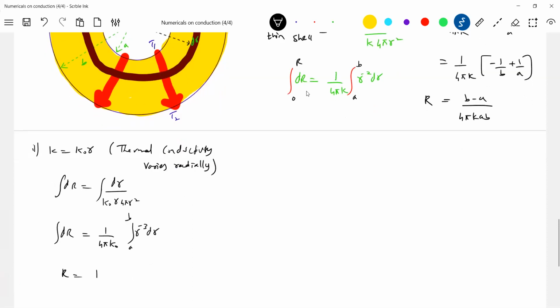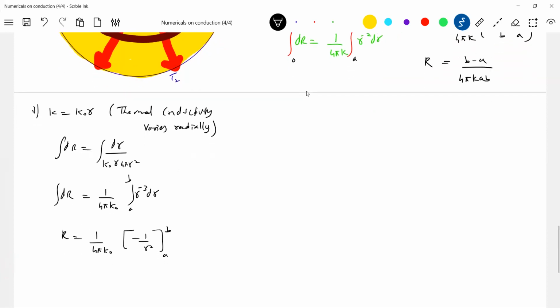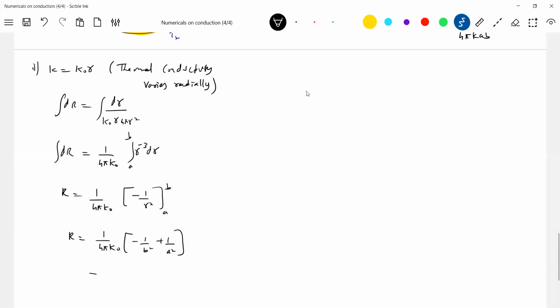Now what is the mathematics? 1 by 4 pi K naught, this will become minus 1 by r square, limit A to B. So the thermal resistance of this will be R equal to (b square minus a square) over 4 pi k naught a square b square.